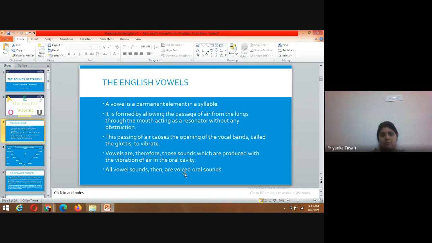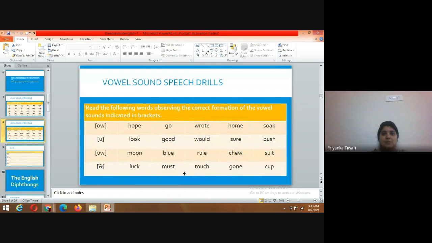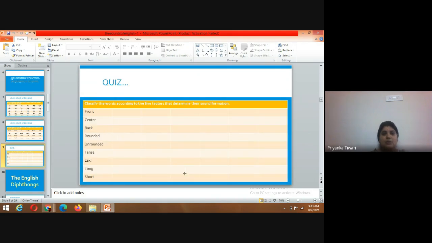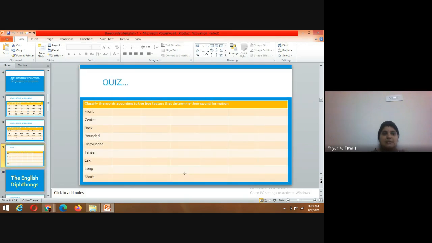We must study the sounds, vowels, and consonants. We have discussed fricative sounds and speech drills, and we cannot say it like that: "go" is an incorrect word in English syntax, and we will use "out." We have to study the sounds. There are some quizzes here too: classify the words according to the five factors.